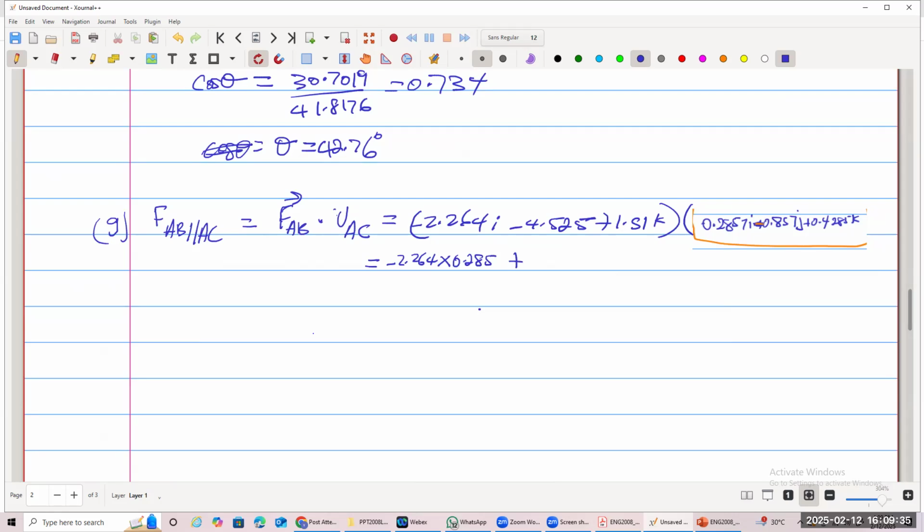And then the j would have been minus 4.525 times minus 0.857, so you're going to get a plus from that. And then the next one would be 1.51 times 0.4285. Work out this sum and get that value for me, please.